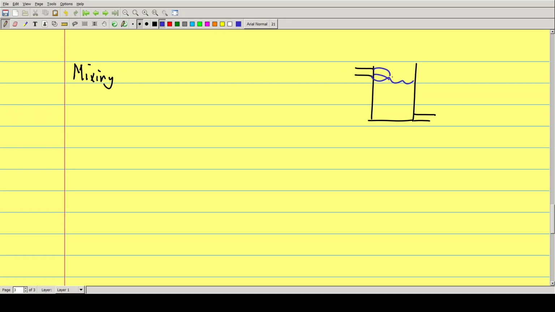Okay? And that's pouring in there. All right? The differential equation that you saw on the other screen said dQ/dt equals rate in minus rate out. Okay?